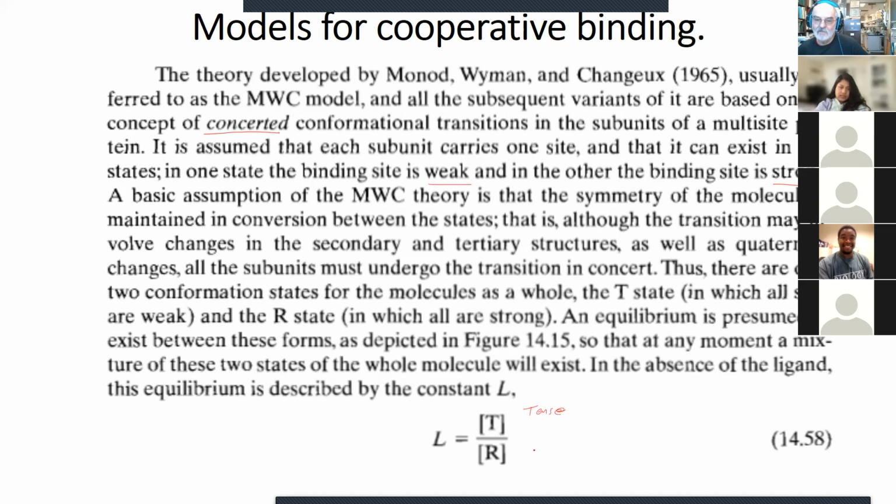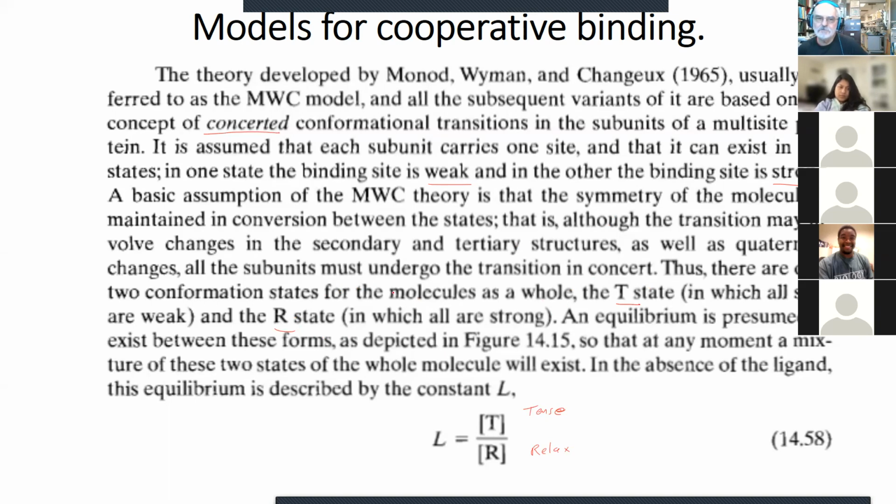And the R, or high affinity form, in their nomenclature, they called it relaxed. Okay, and so there's this transition in the quaternary structure between the T and the R state. And either the tetramer is in the low affinity form or the tetramer is in the high affinity form.